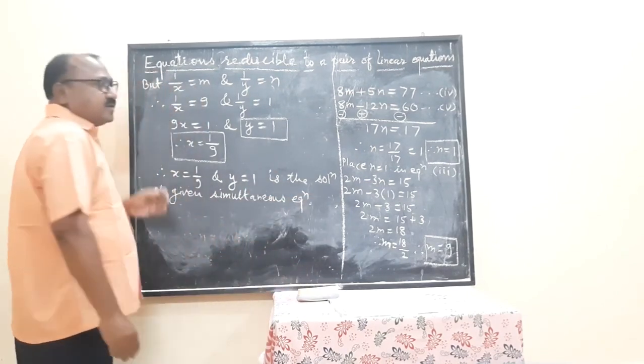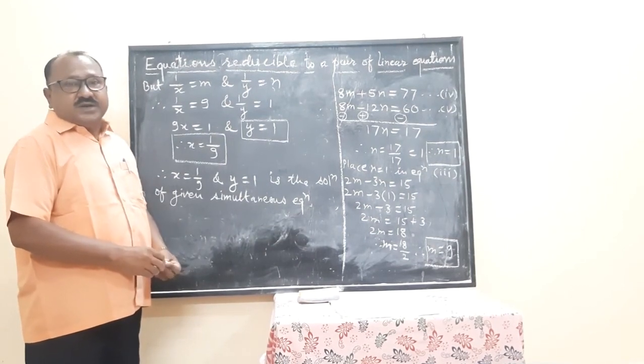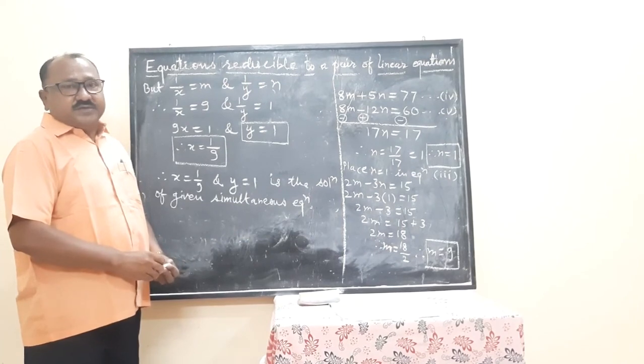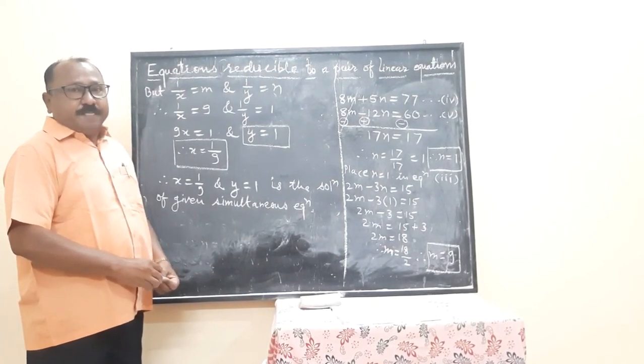So in this way we can solve the problems which are reducible to a pair of linear equations. I think you might have followed the steps given by me. Thank you.